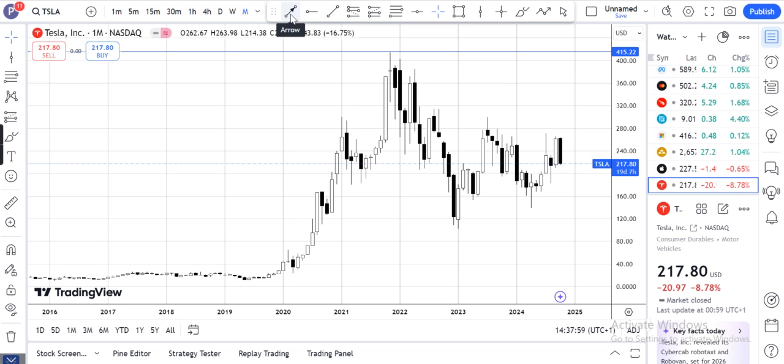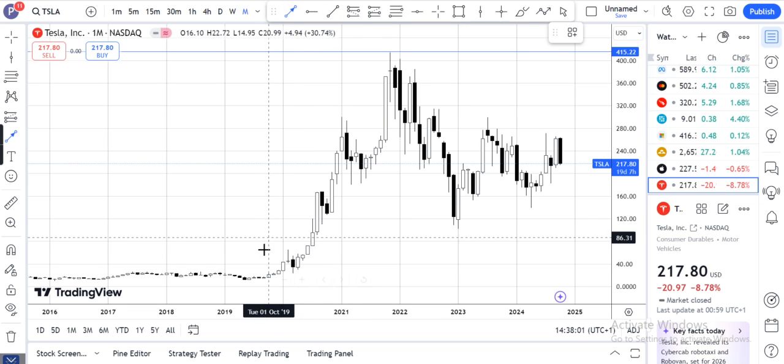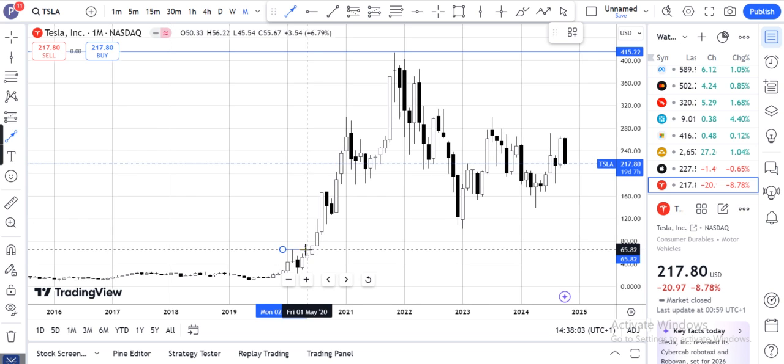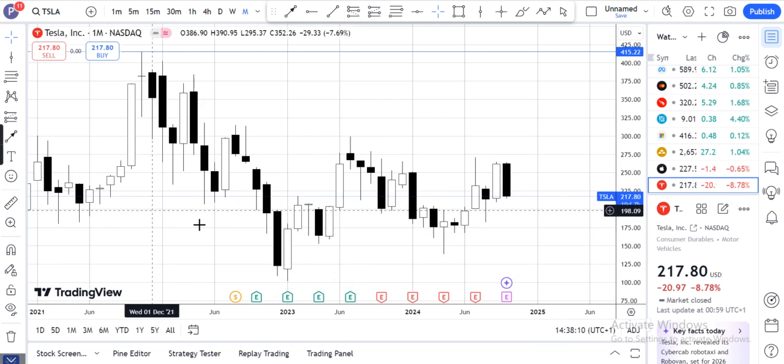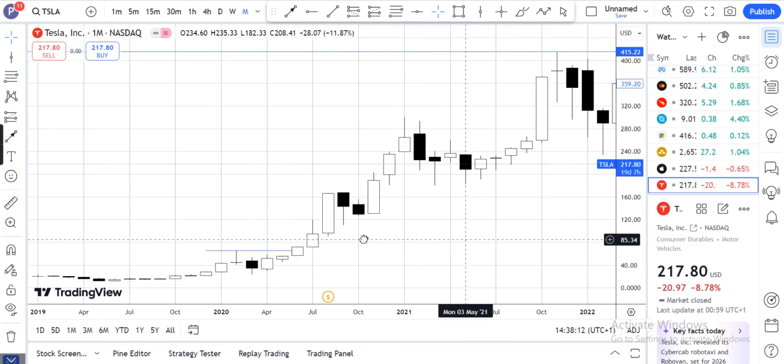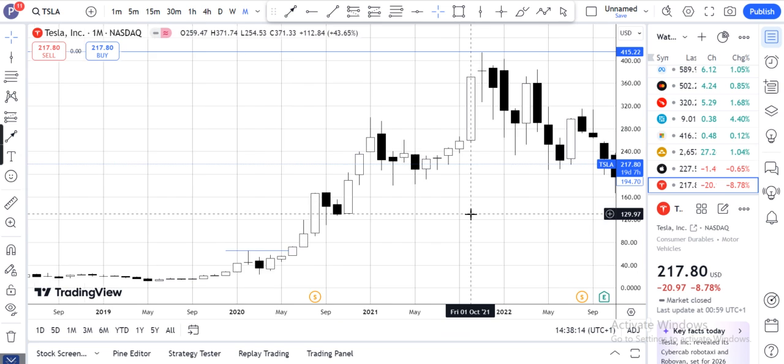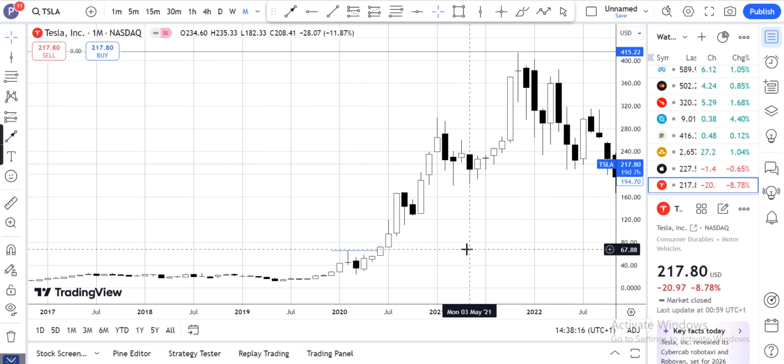If we do that, we will see that the market broke this as the first structure. I have to make it a little bit wide so you can see it clearly. It's a little bit faint because it's on a higher time frame.